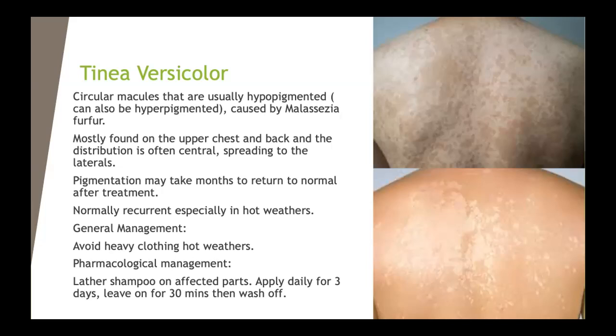Pigmentation may take months to return to normal after treatment. They're normally recurrent, especially in hot weather. This is what we normally refer to as tin stuff. The general management is to avoid heavy clothing during hot weather.